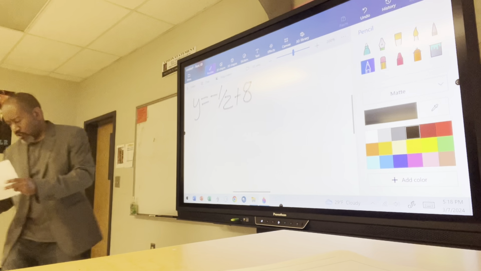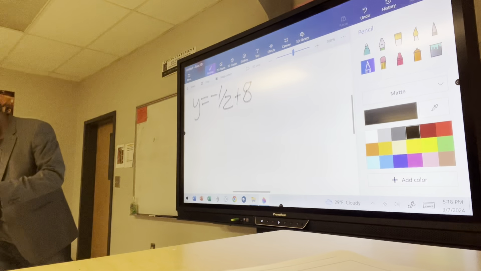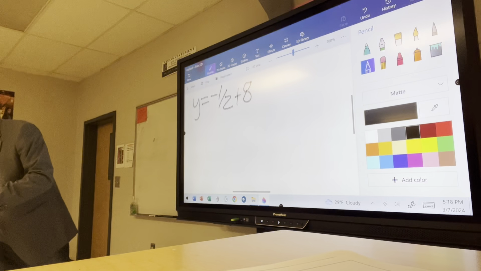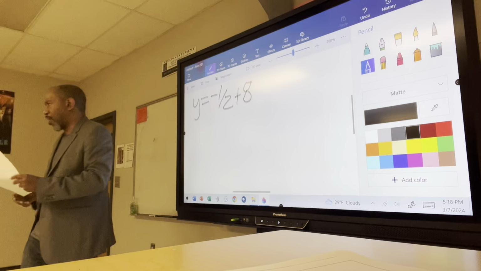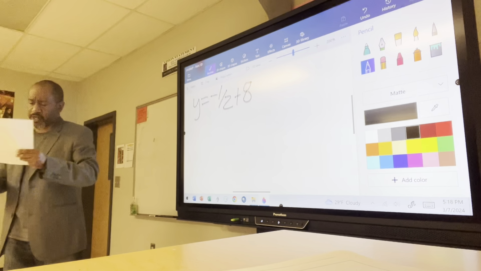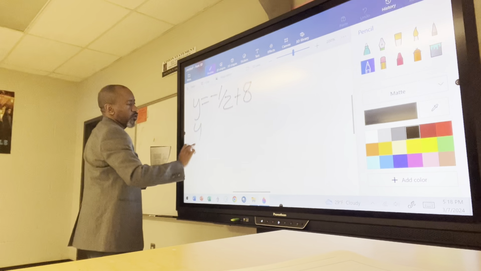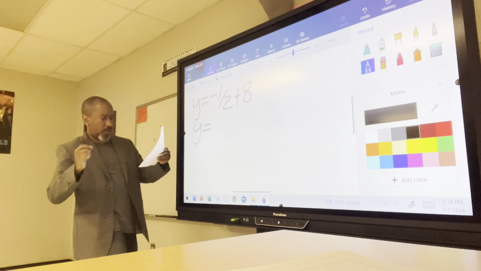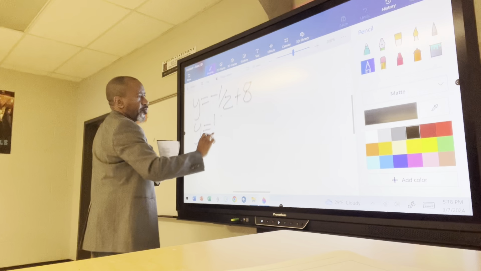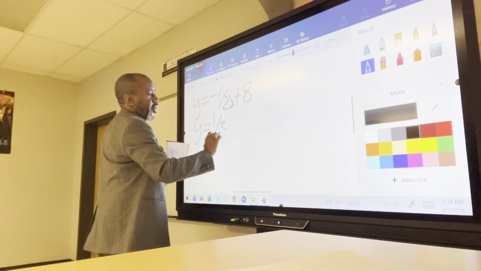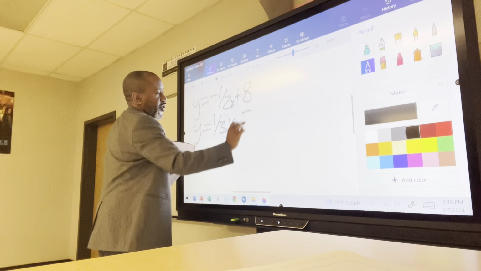Okay. Let's look at the bottom. For the bottom, it looks like the y-intercept is -2. And when we do the slope, the rise over run, it's +1/3. So our linear equation on this one should be 1/3, and I forgot to put the variable x, -2.